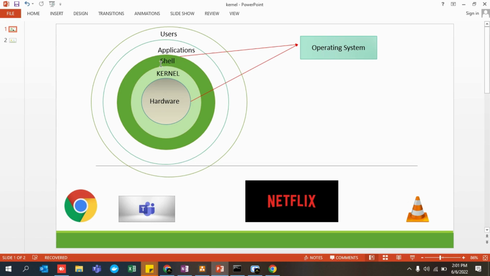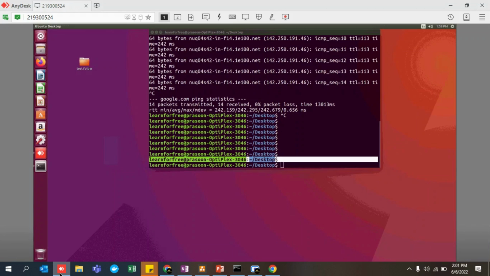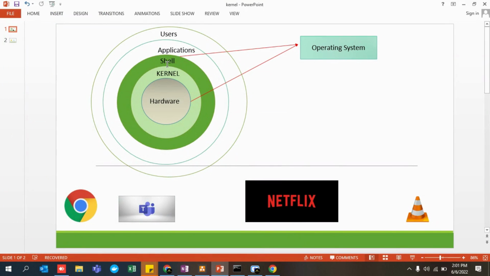So let's say just the way I opened the shell over here, if I have written ping google.com, the ping command is not understandable directly by the kernel. The shell will simply convert it into a machine readable format, which only the kernel can understand.